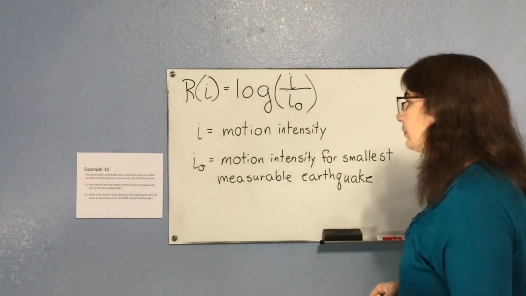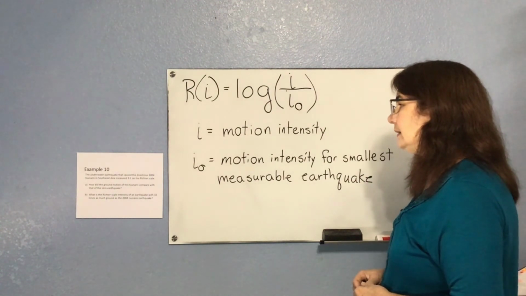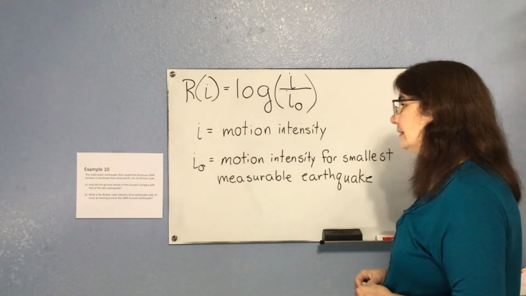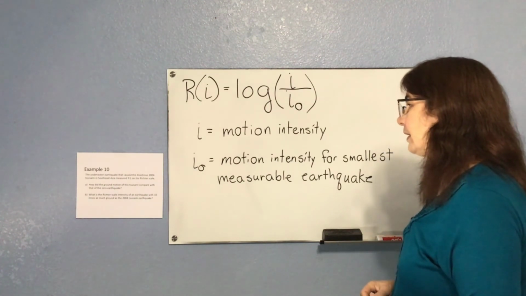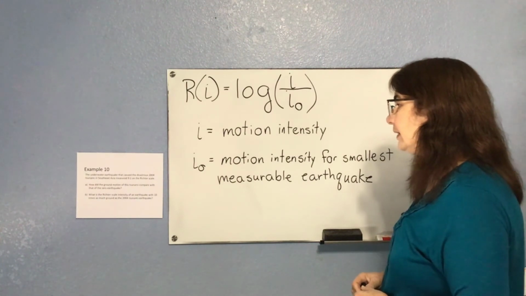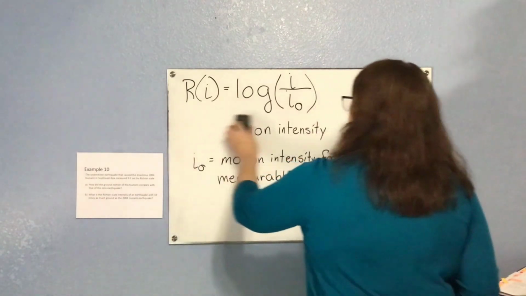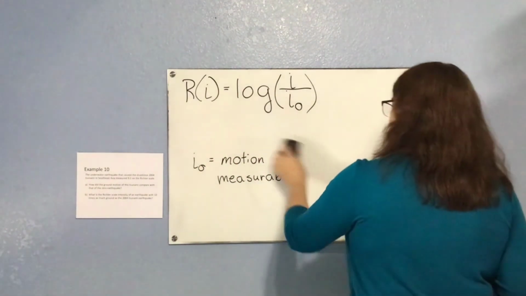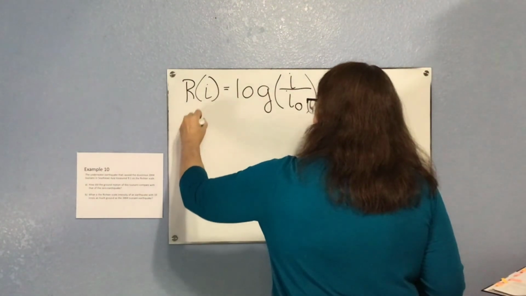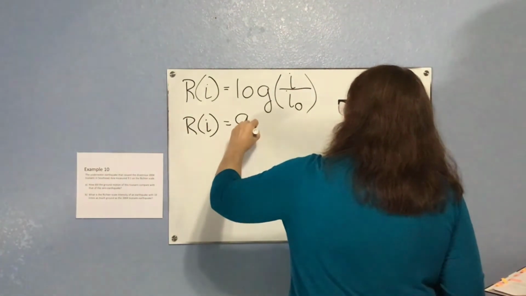The underwater earthquake that caused the disastrous 2004 tsunami in Southeast Asia measured 9.1 on the Richter scale. How did the ground motion of this tsunami compare with that of the zero earthquake? So using our equation, we've got that R of I is equal to 9.1.